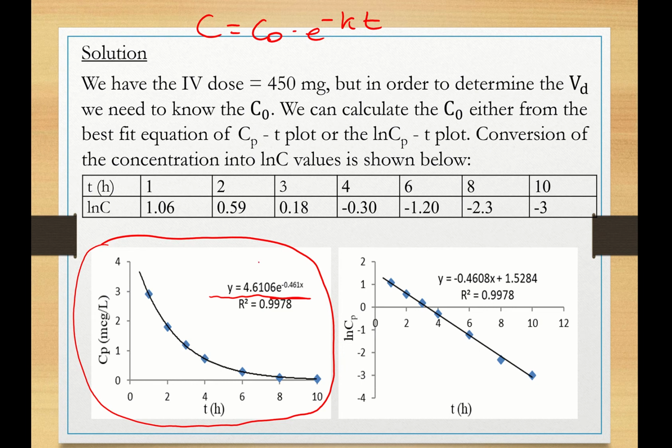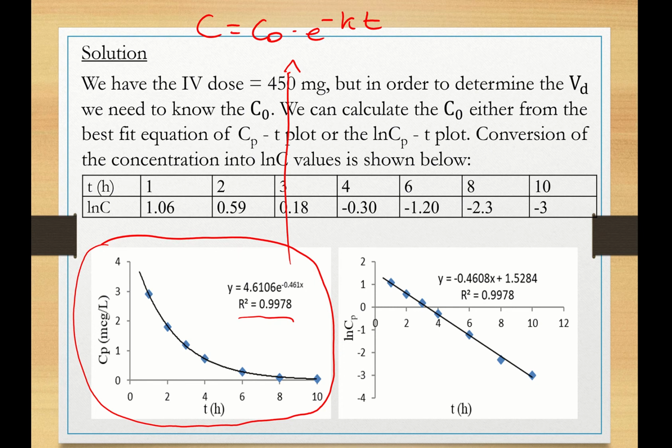And what you see there, the C0 is directly given to me. That's the C0, and of course that's a K. Compare it with this equation there, okay? And you're gonna see it. So that's the advantage of if you know how to fit non-linearly your data, you can get the C0 and the K directly from the best fit equation. And the fit you can see from the correlation factor is almost 1.